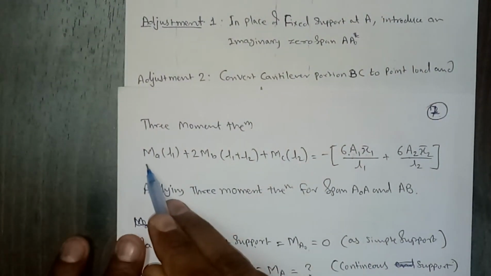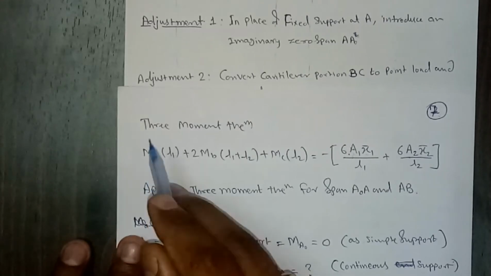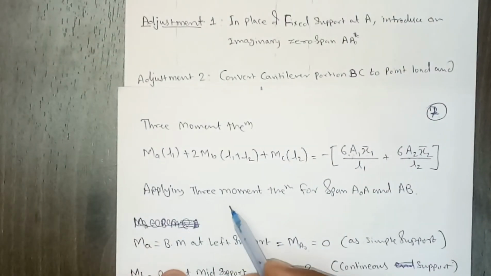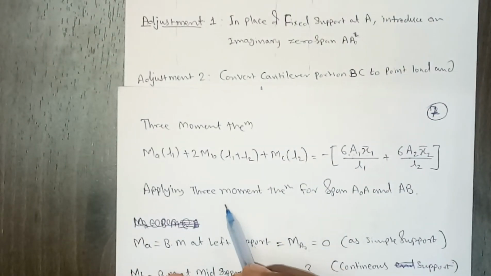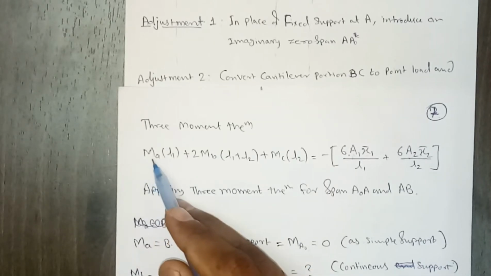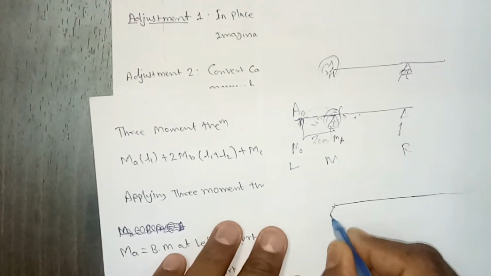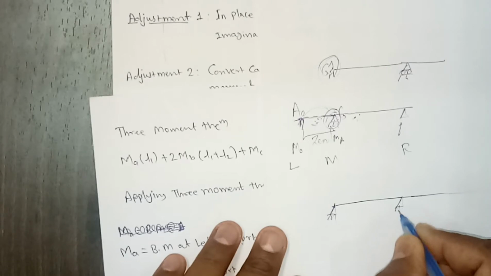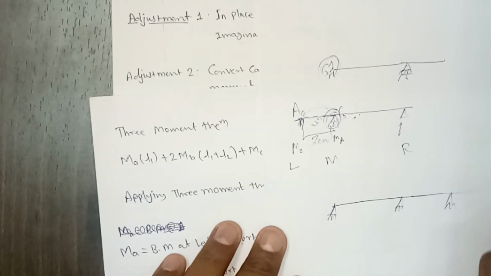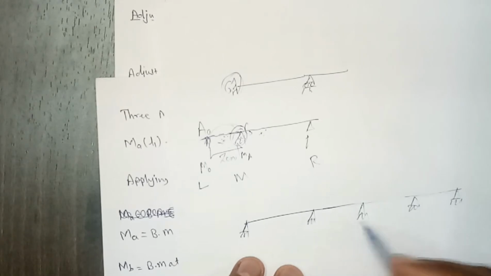So Clapeyron's three moment equation: if there is a beam, or continuous beam, we can use this Clapeyron's three moment theorem for two consecutive spans. A continuous beam is a beam which is supported on more than two supports.